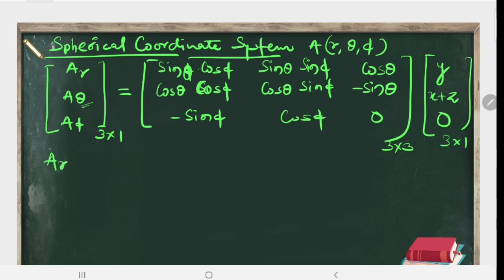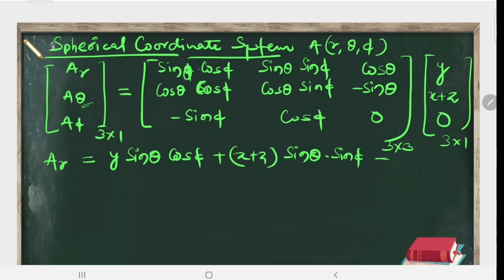After multiplication, we will get the A r component of vector A as y sin theta cos phi plus x plus z sin theta sin phi plus 0. Then for the A theta component in spherical coordinates, you multiply the second row with the column of the Cartesian system.